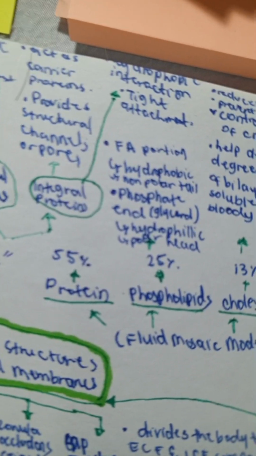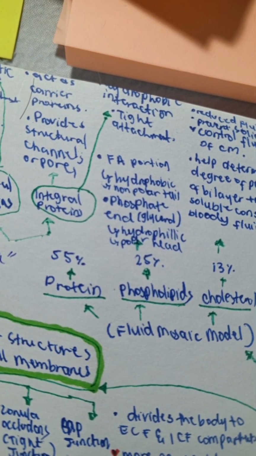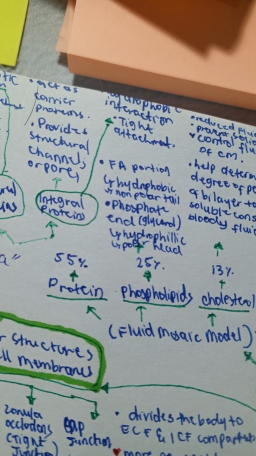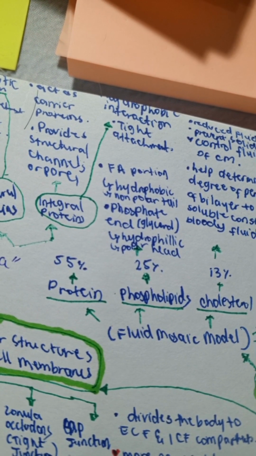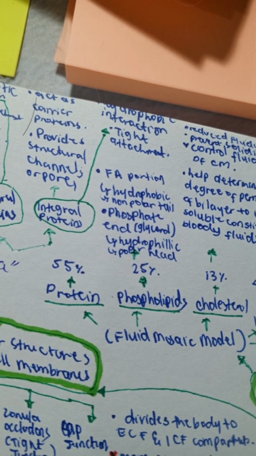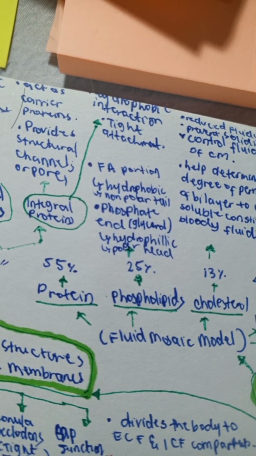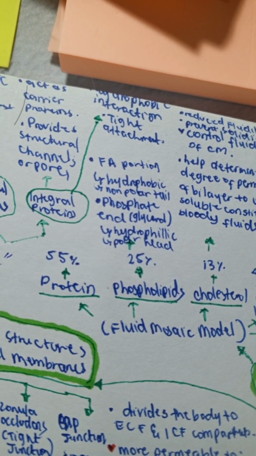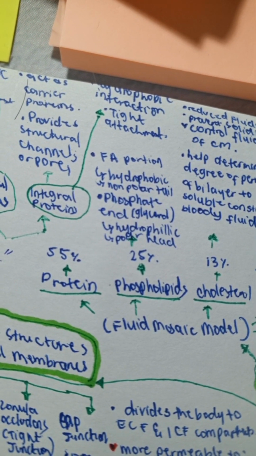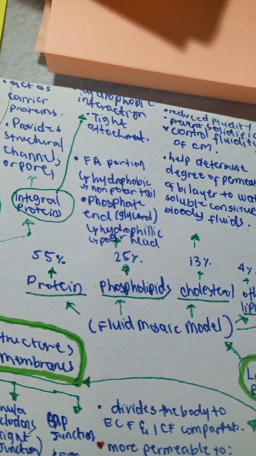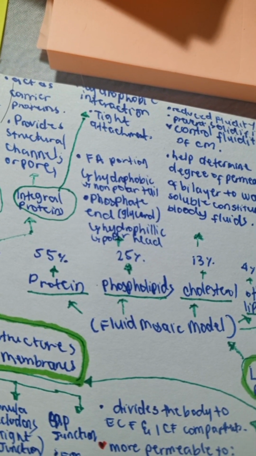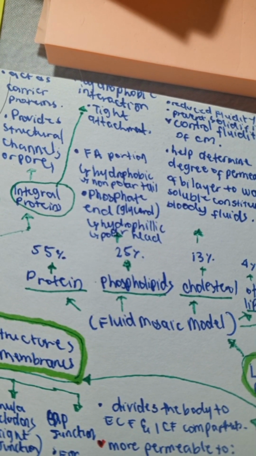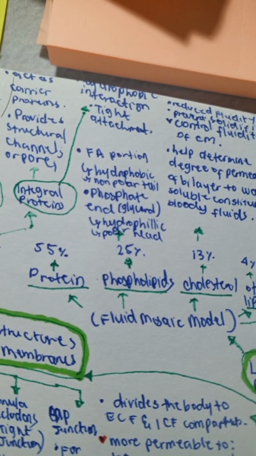And aside from proteins, we also have the phospholipids. This has the fatty acid portion, and it also has the phosphate end. The fatty acid portion is the hydrophobic, non-polar tail, while the phosphate end, which is the glycerol, is the hydrophilic polar head.